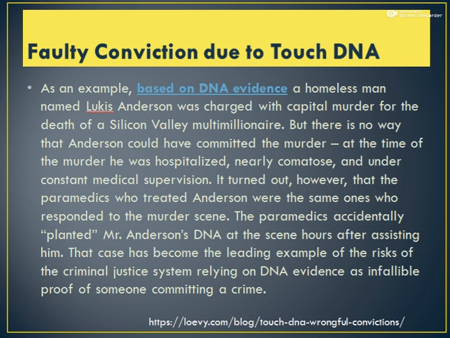But it turned out that the paramedics who treated Anderson were the same ones who responded to the murder scene, and the paramedics accidentally planted Mr. Anderson's DNA at the scene hours after assisting him. That was a leading example of the risk of a criminal justice system relying only on touch DNA evidence as infallible proof of someone committing a crime.